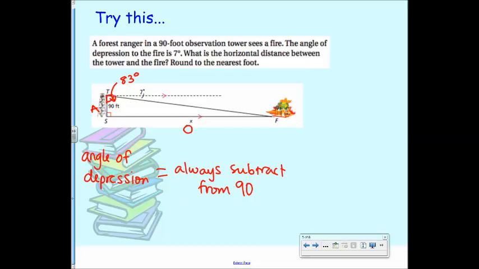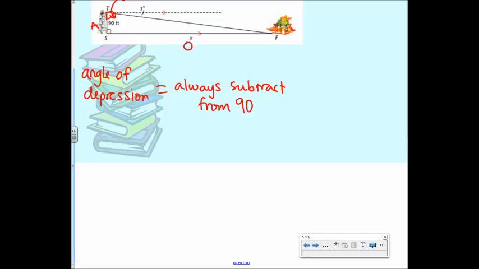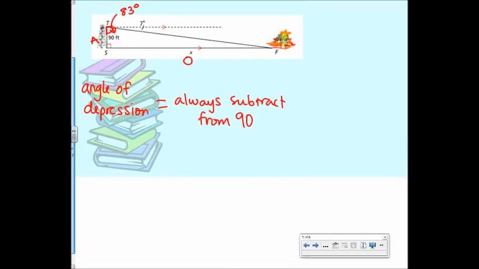Typically you're using tan here, because you never really care about the actual hypotenuse. So tan 83 over 1 equals x over 90. And this one's even easier because you don't even have to divide, you just have to multiply. So you're just going to do tan 83 times 90.